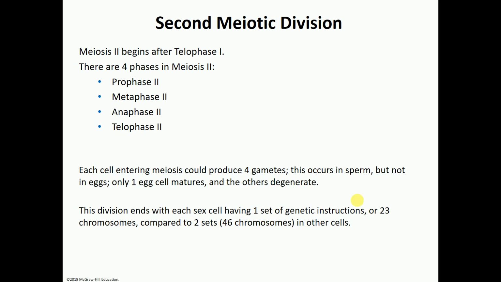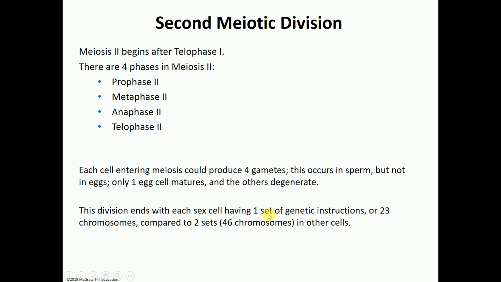At the end of spermatogenesis, which is the process of producing sperm, this ends up making 4 sperm, while in the process of oogenesis, which is the production of eggs, only 1 mature egg is formed, while the other 3 cells, which are the end products of the meiotic division, are going to degenerate. And we'll talk a little bit more about that when we get to the male and the female reproductive systems.